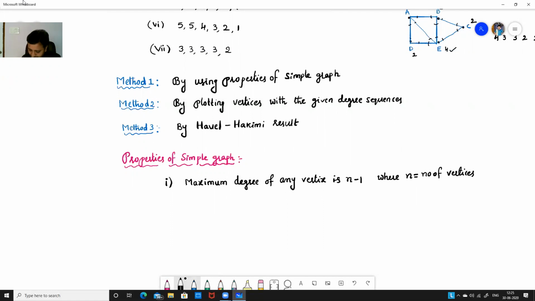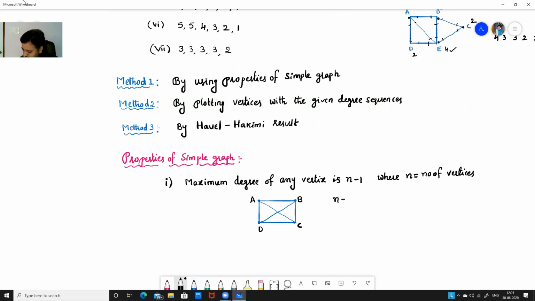So let me take a simple example to get a clear idea. This is a simple graph, right? If you take the maximum degree, it is only three.